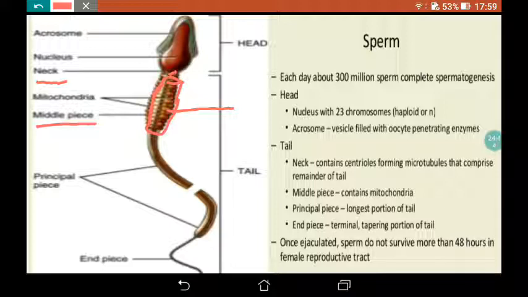Clear? And the distal centriole of the spermatozoa helps in the formation of the axial filament that finally results in formation of the tail. Clear? And the tail is very important because it provides the motility so that the sperm can swim. So this is all about the structure of the sperm.